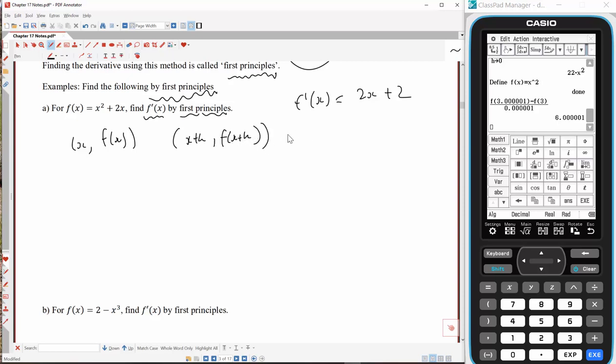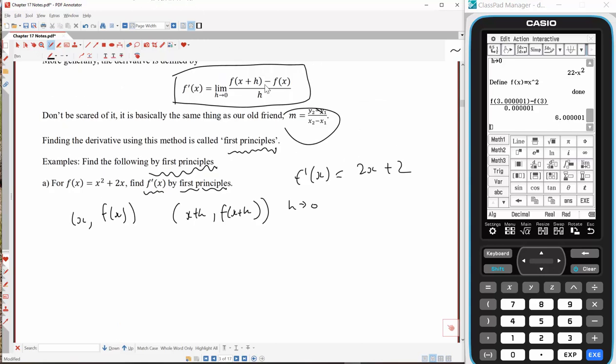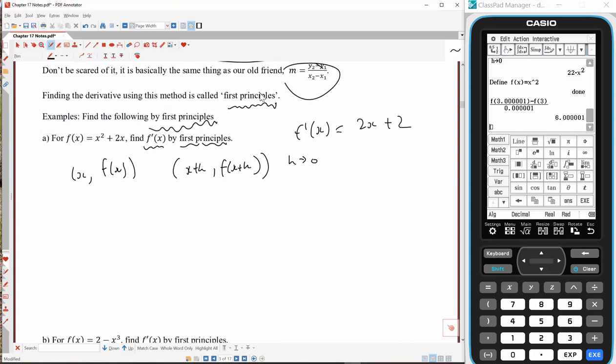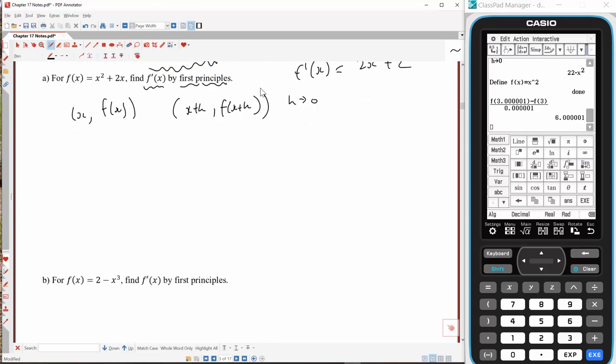And what we're going to do is then limit that h value. We're going to get h to approach 0. So we're going to use the gradient formula, or essentially use this formula here. It's the first principles formula, okay. But that's how it comes out. I hope you don't need it, but I'm pretty sure we put that on a formula sheet. Right, anyway, let's go ahead and do it.